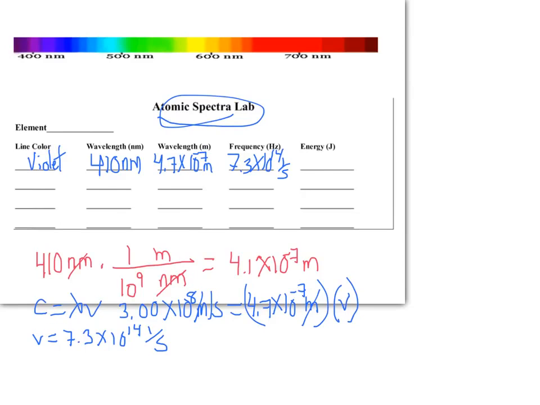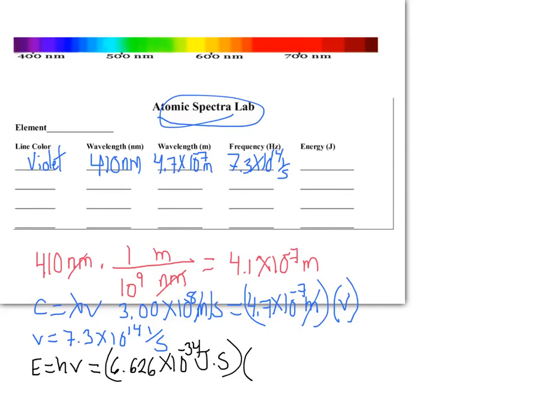Alright, finally, I want to calculate the energy for this wave of light that I saw. Right now I know its wavelength in meters and nanometers, and I know its frequency. I want to find the energy. The way I would do that is to use the equation E equals h nu. E is my energy, that's what I'm solving for. h is Planck's constant, 6.626 times 10 to the negative 34th joules times second.